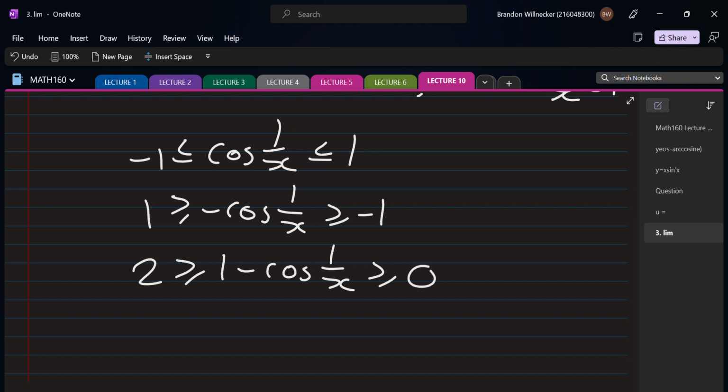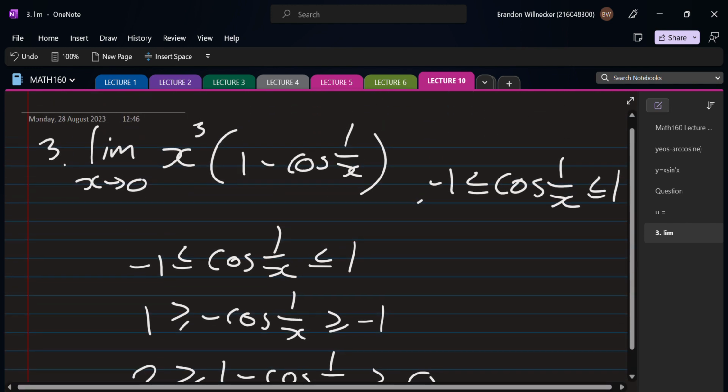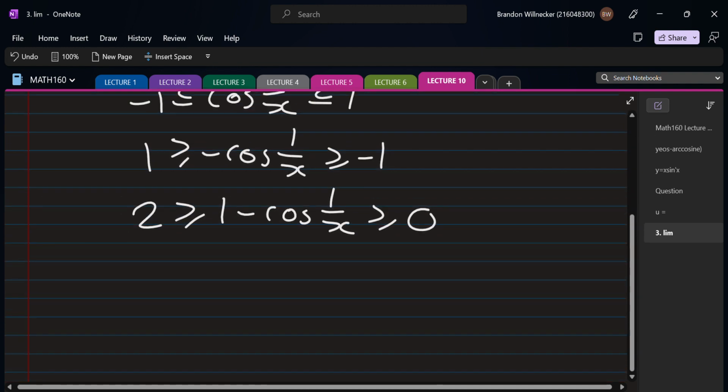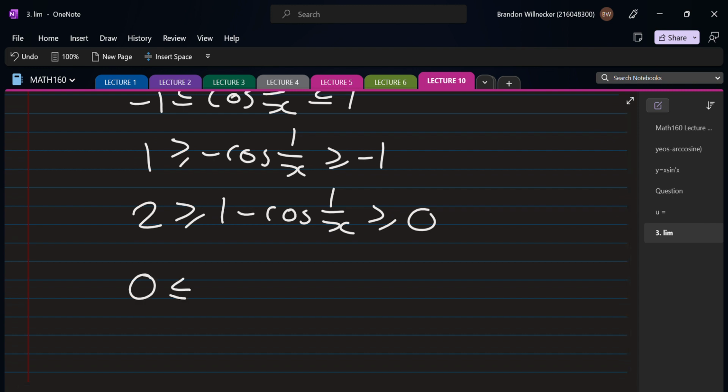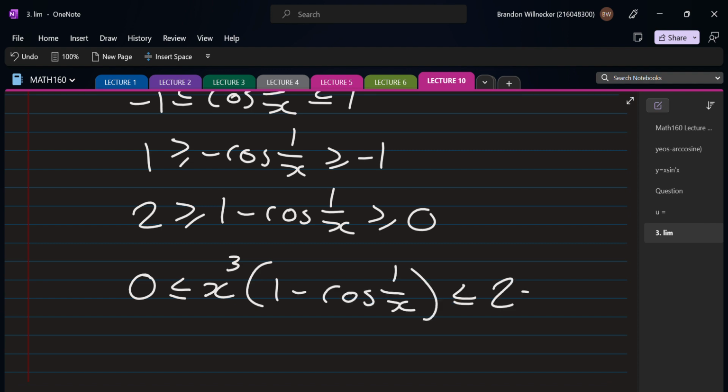We've got 1 minus cos of 1 over x, but the question has an x cubed. So we multiply through by x cubed now. And then we can swap this around to write it in the proper way. So we have 0 less than or equal to x cubed times 1 minus cos 1 over x is less than or equal to 2x cubed. Okay, so I just multiplied through by that.